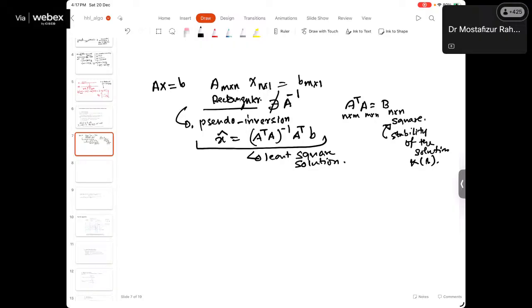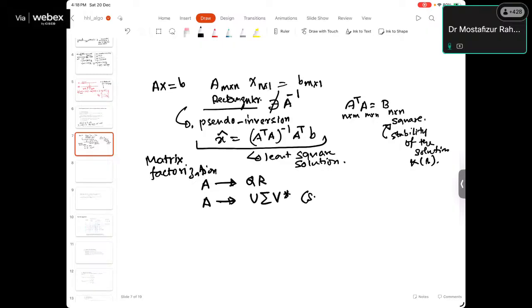People have seen various matrix factorization techniques. I discussed this kind of techniques in QT-03, matrix factorization, that A can be decomposed into Q and R, where Q is an orthogonal matrix and R is an upper triangular matrix, right? Further, you can decompose A into U sigma V star.